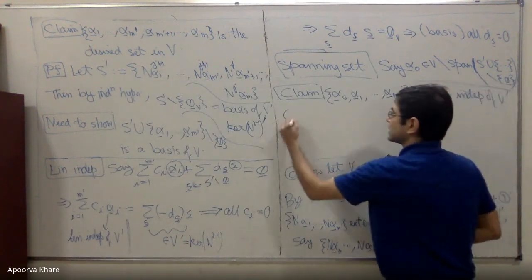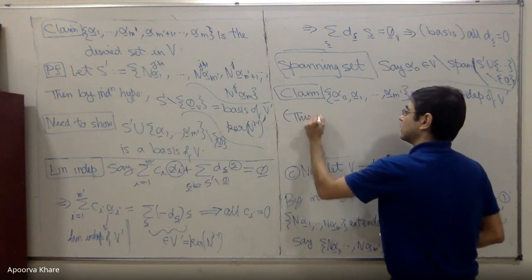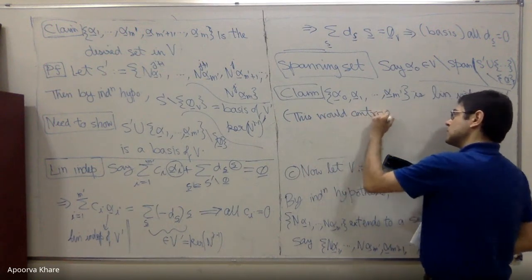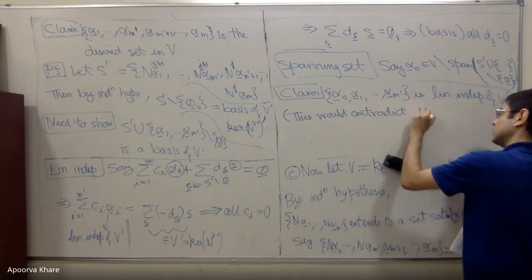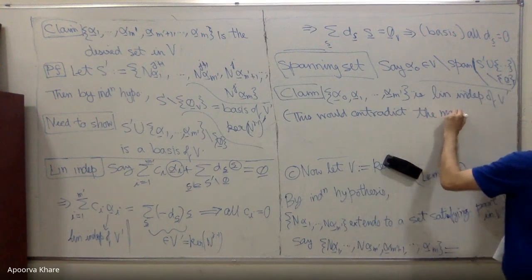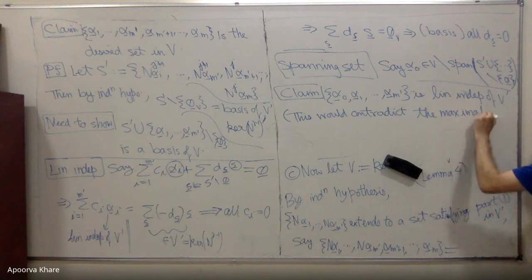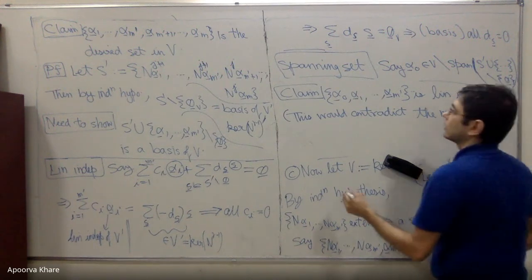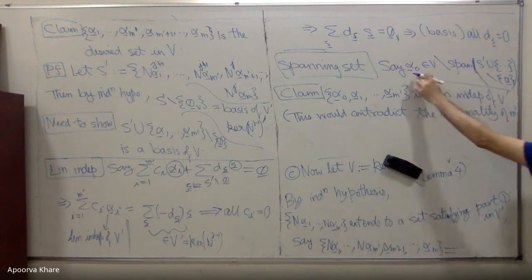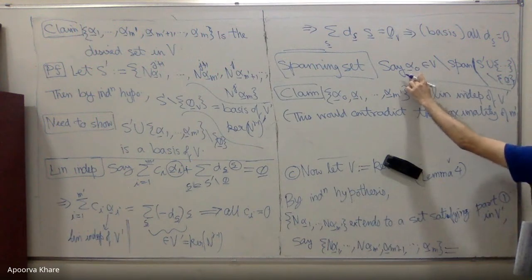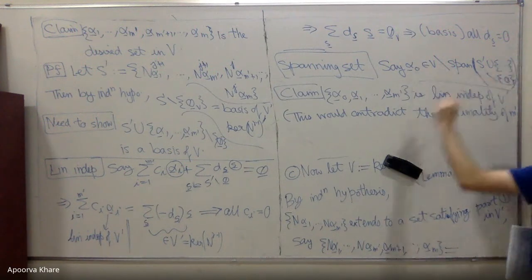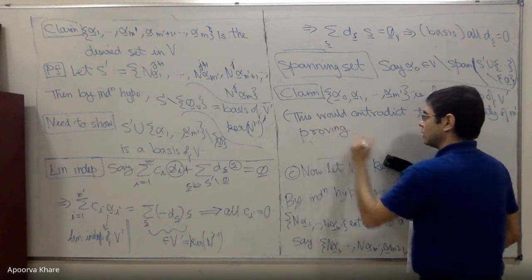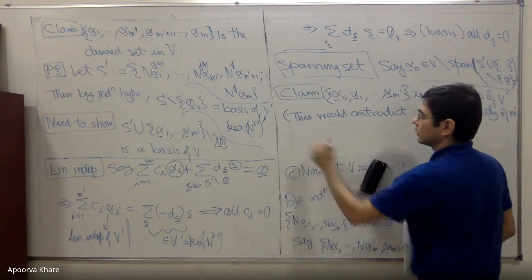This would contradict the maximality of m prime. So therefore, a contradiction that would prove that such an alpha naught cannot exist, and therefore we are done, proving the theorem, or finishing the proof.